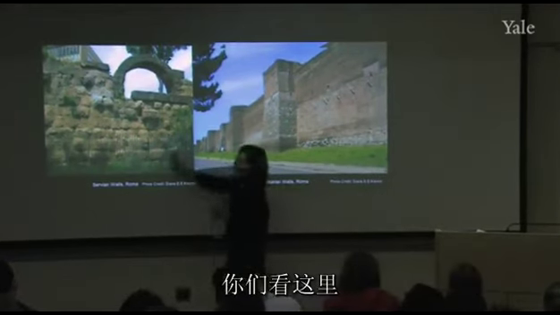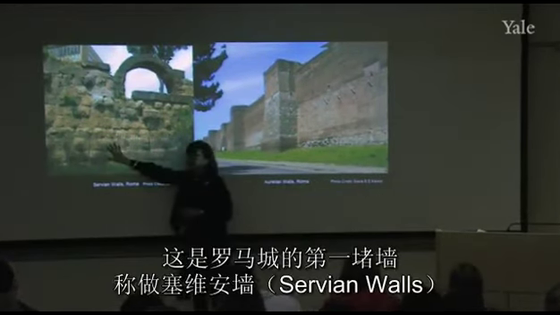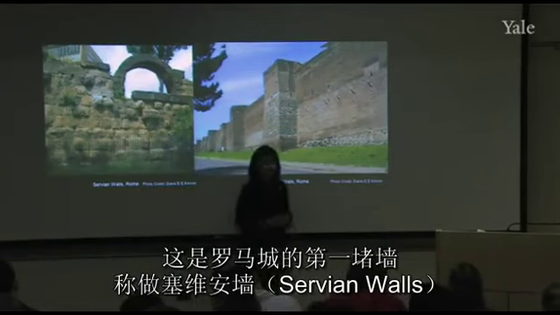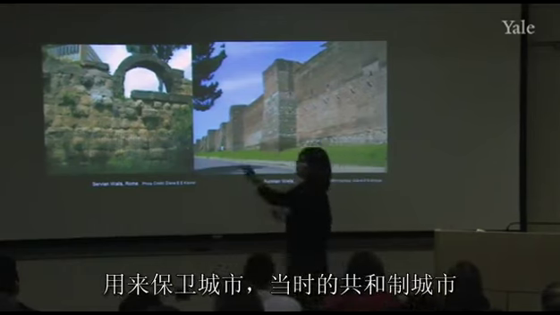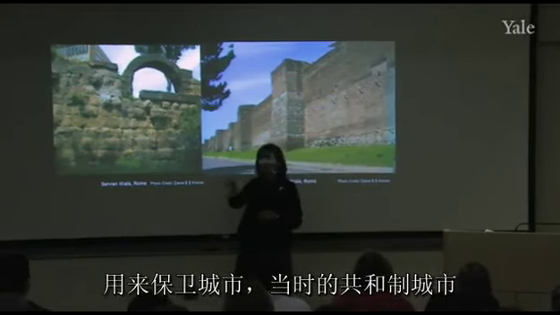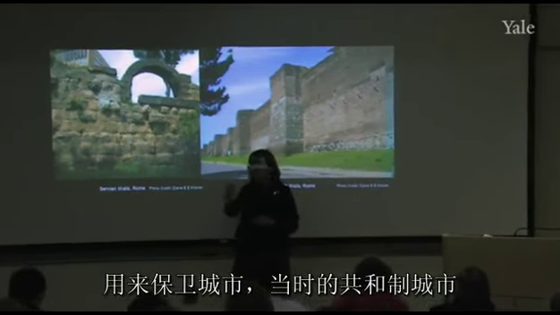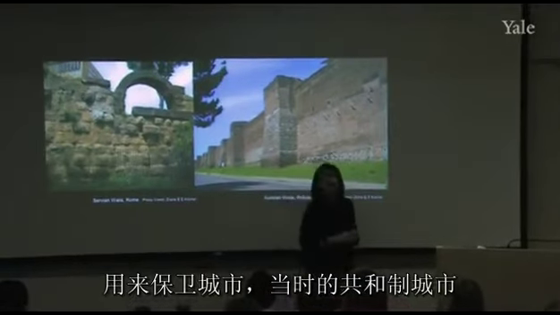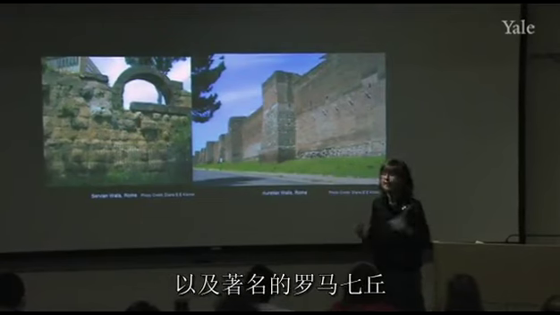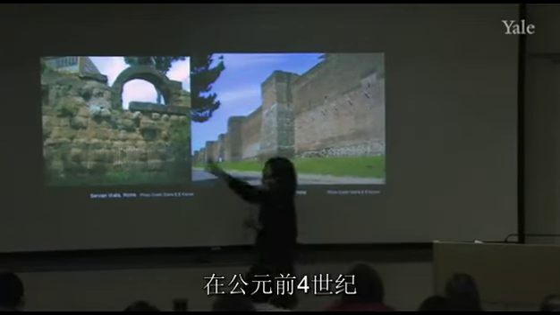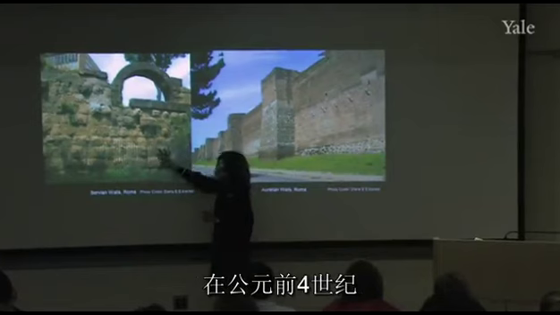You see them here. This is the first wall in Rome, the so-called Servian walls, which was built in the Roman Republic to surround the Republican city, and essentially the seven hills, the famous seven hills of Rome, in the 4th century BC.